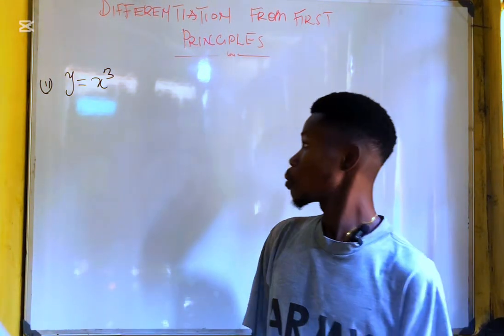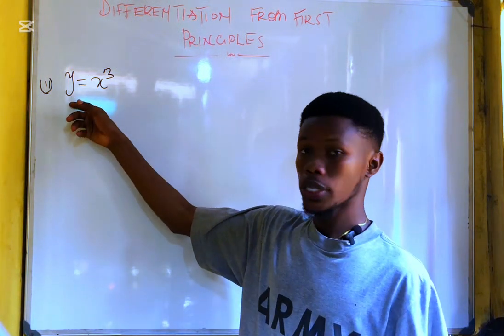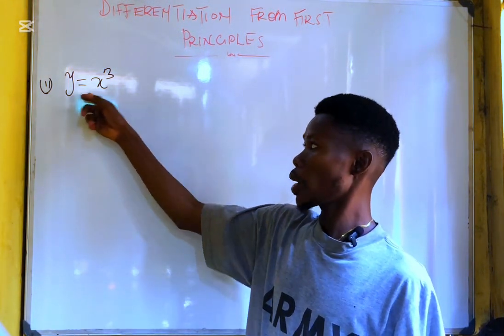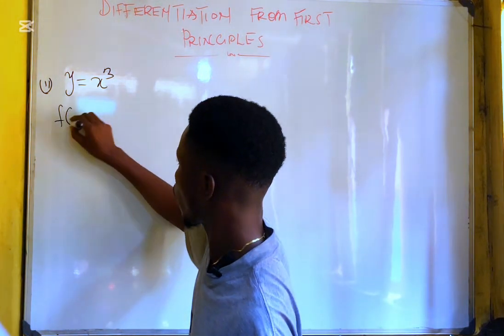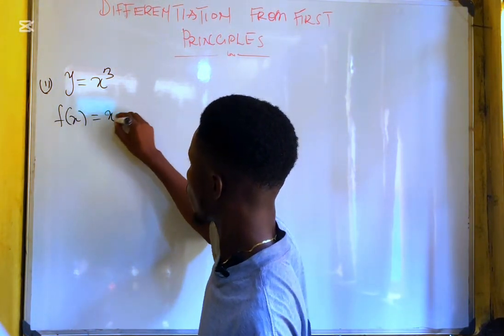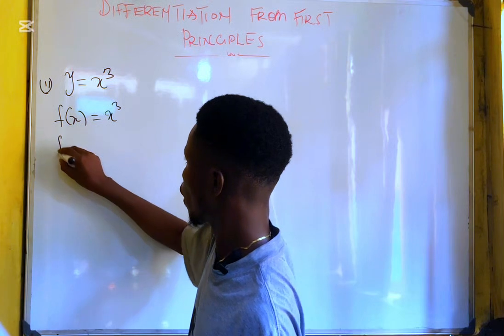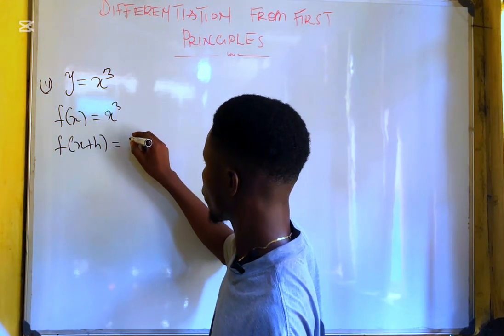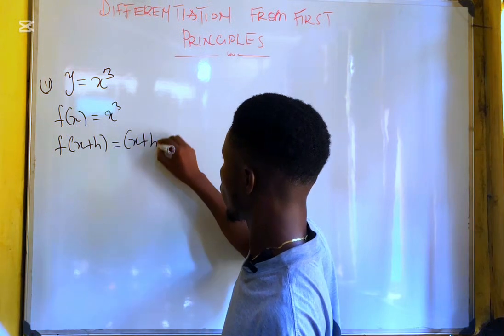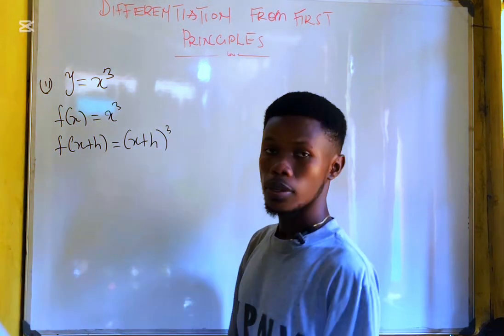Okay, so this is example 2. We have to use the first principle to do this. y equals x cube. So per this, you know that f at x is equal to x cube. Then f at x plus h will be equal to x plus h cube. Is that okay?